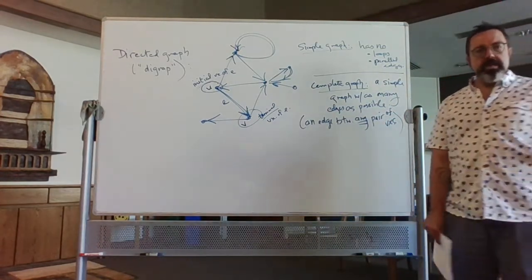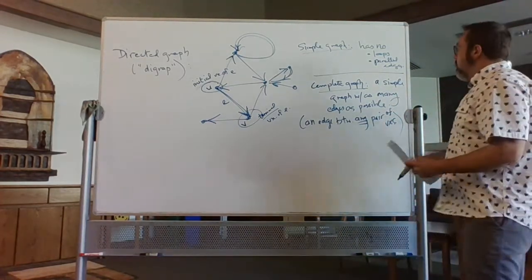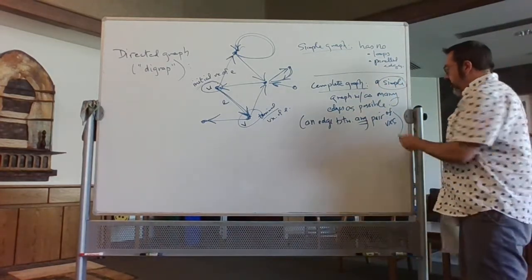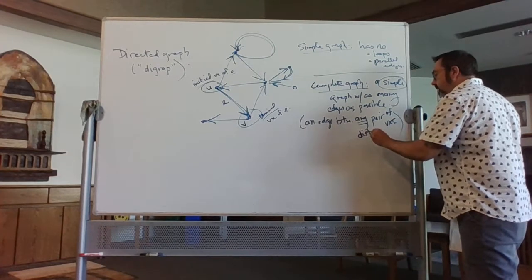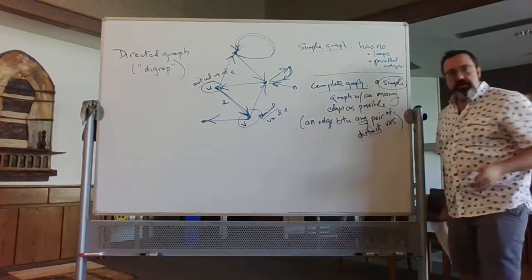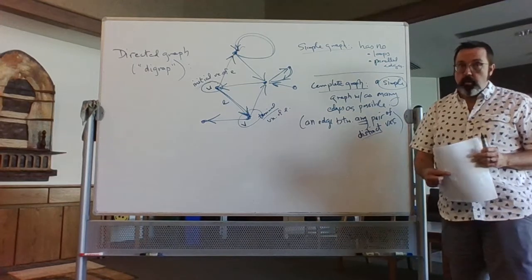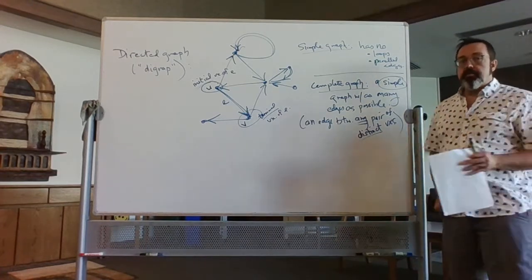That would be what it would mean to have as many edges as possible and still be simple, right? To have no loops. So, to be precise, any pair of distinct vertices, because we don't want loops. You give me any two vertices, I better see an edge there, because otherwise I don't have the maximal number of edges.